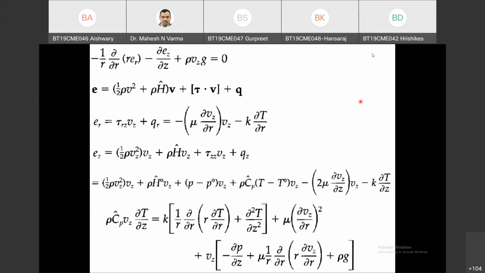Can you just switch on your camera and show me? I have arranged the equation here on the screen itself. Can you show me where you are sitting, Hansraj? Yes, sir. You are using a background.